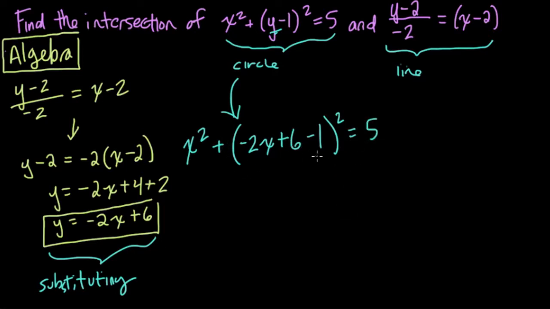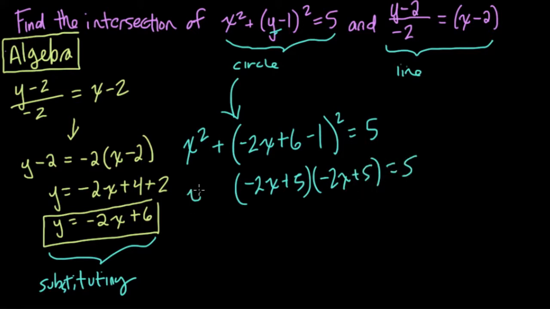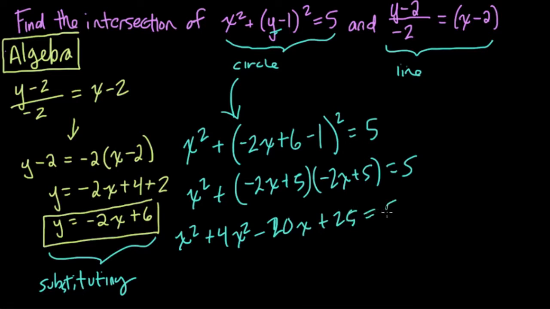Now I'm going to simplify this. We get negative 2x plus 5. We're squaring that, so we multiply it by itself, equals 5, and we have x squared over here. Multiply this out, we get x squared plus 4x squared minus 20x plus 25 equals 5. All I did there was use my distributive property, and now by simplifying, 5x squared minus 20x, subtract 5 from both sides, and we get plus 20 equals 0.